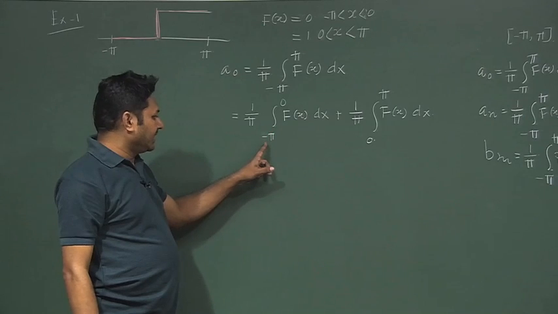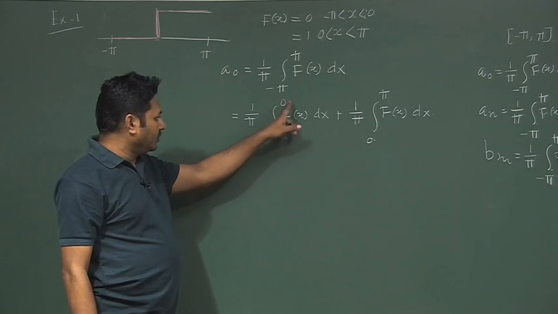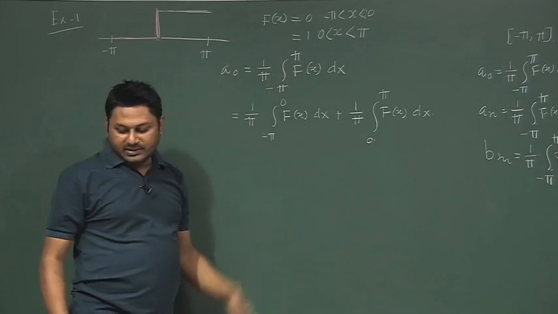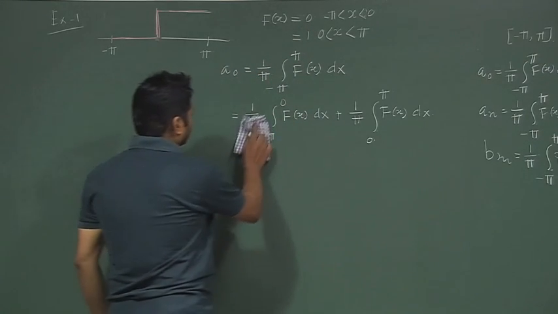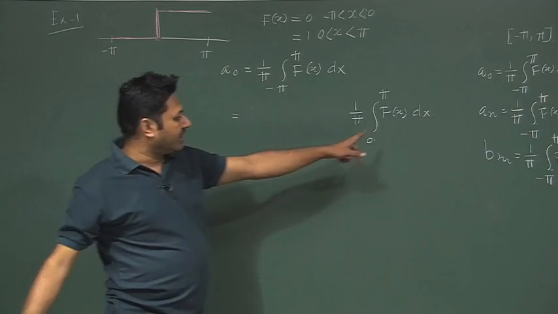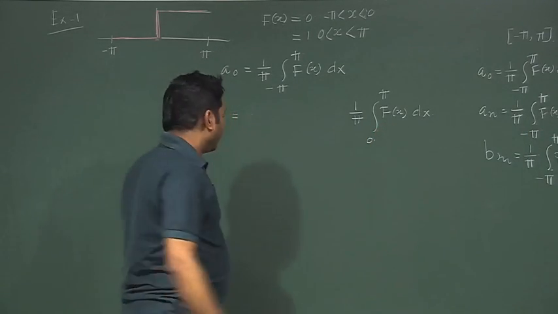Now, you can readily understand that when I divide this into minus pi to 0, the value of the function here is 0. So we should not bother about this term at all, it will readily cancel out. The only remaining term is where this function has some non-zero value. What will be the value?